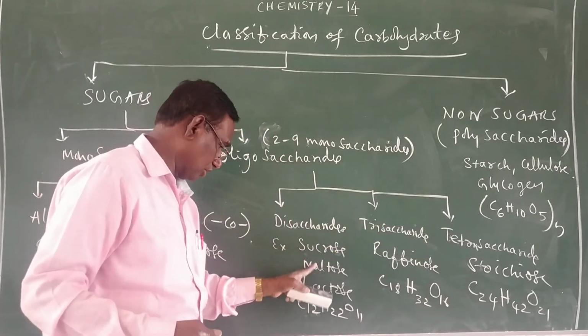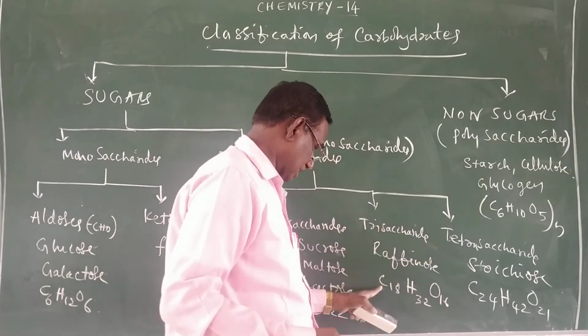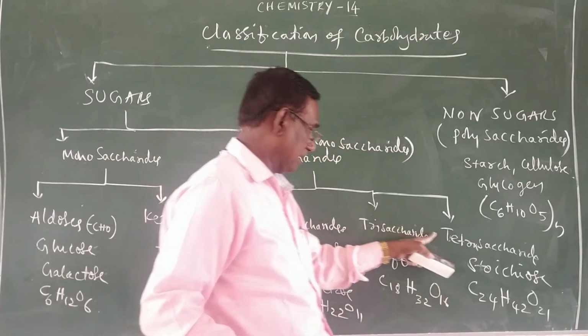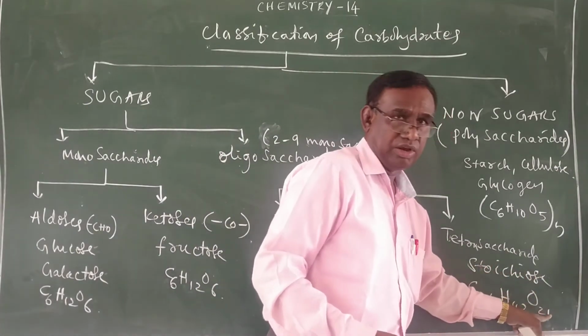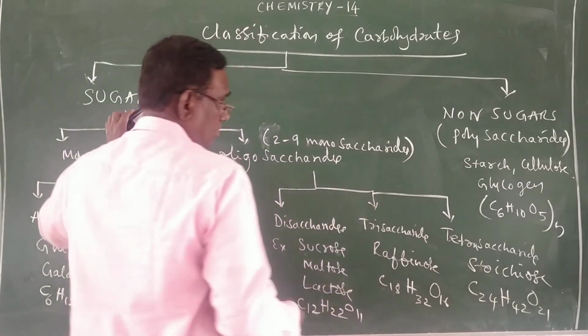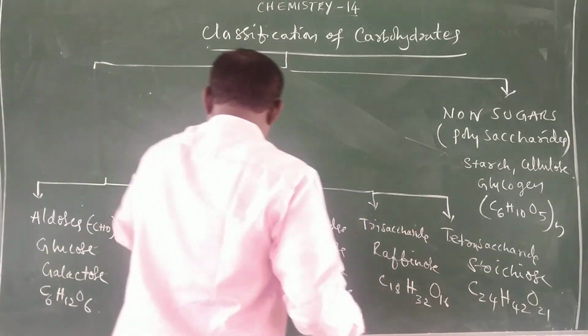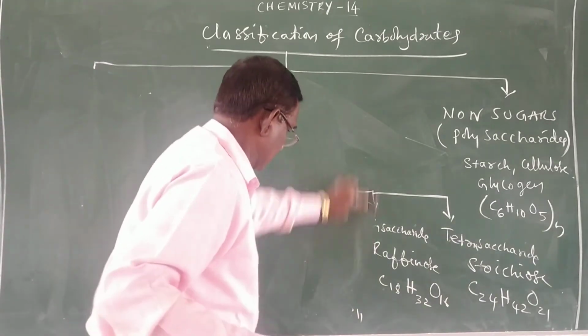Examples are sucrose, maltose, lactose, which are disaccharides, and the formula is the same for all of these. Raffinose, a trisaccharide, has the formula C18H32O16. Tetrasaccharide stachyose is C24H42O21. Now we have to know what disaccharides are.